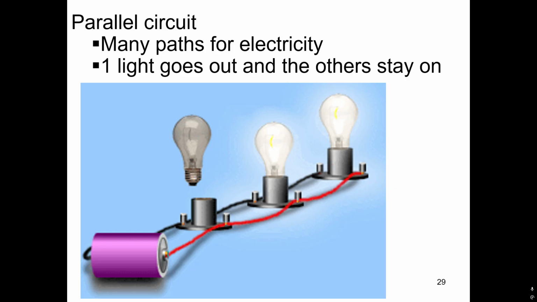If one light goes out, in that particular path current will not be flowing, but in the other two paths, path 2 and path 3, current will be flowing. So those two bulbs continue to glow. The idea is the current will flow, say this is positive.